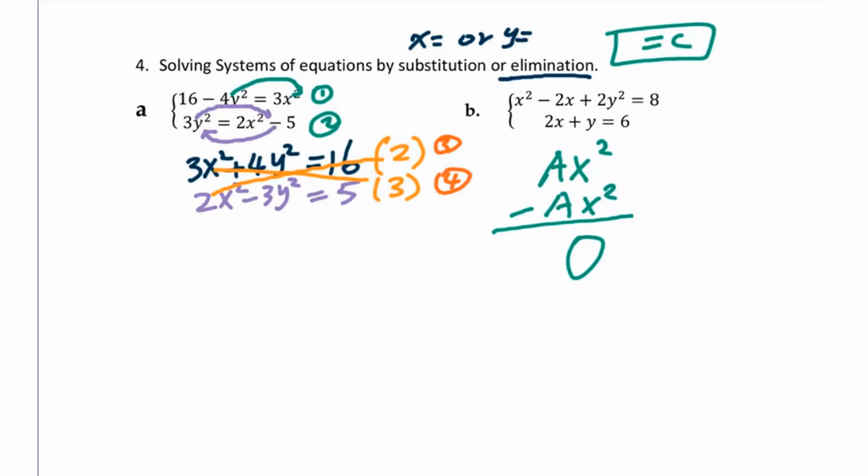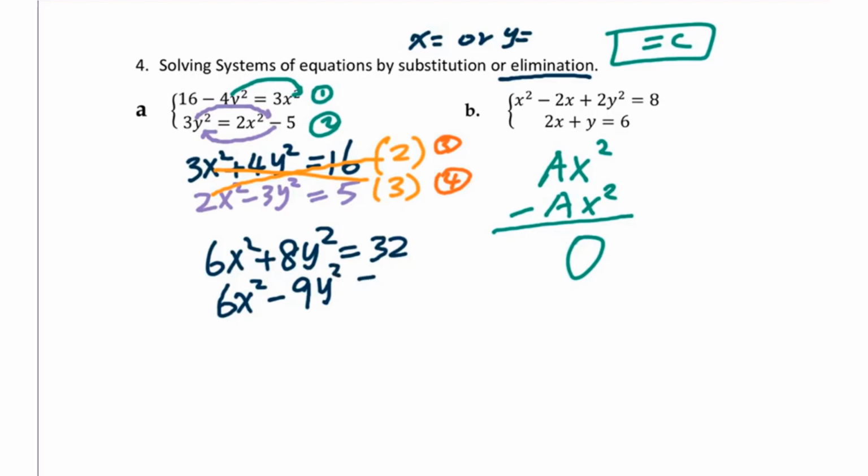You will get 6x squared plus 8y squared equals 32. For number 4, everything multiplied by 3, so 6x squared minus 9y squared equals 15. Let's label this 5 and this 6.